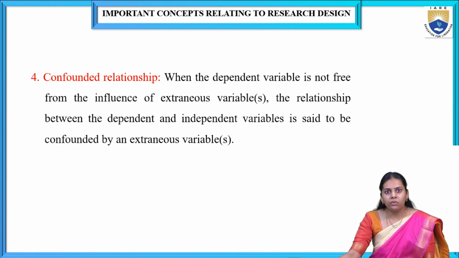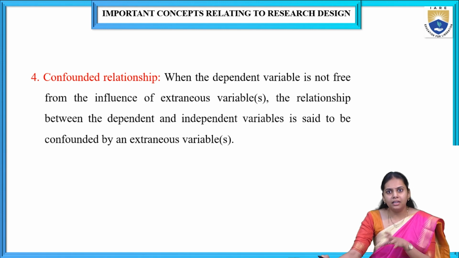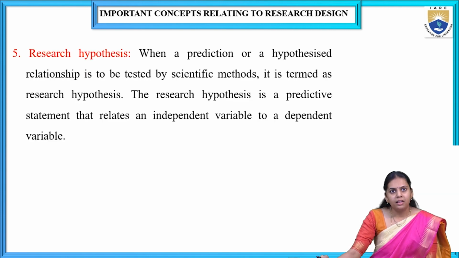And confounded relationship. When the dependent variable is not free from the influence of extraneous variables, the relationship between the dependent and independent variables is said to be confounded by an extraneous variable. Whereas research hypothesis, we already discussed in detail in a previous section on the topic of hypothesis.